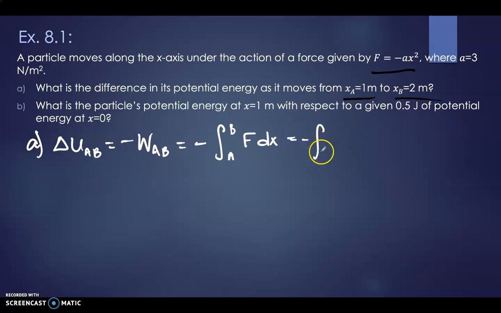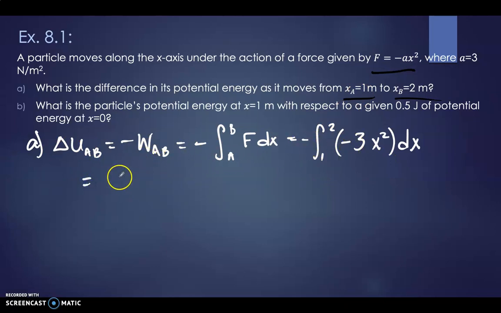Let's go ahead and do that. We have an integral from 1 meter to 2 meters of F, which is negative A, which is 3x squared dx, and the units on this term here is Newton per meter squared, and these are the units of meters and meters, so this should turn out fine.